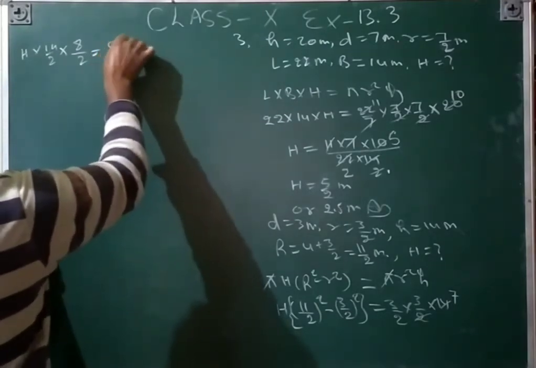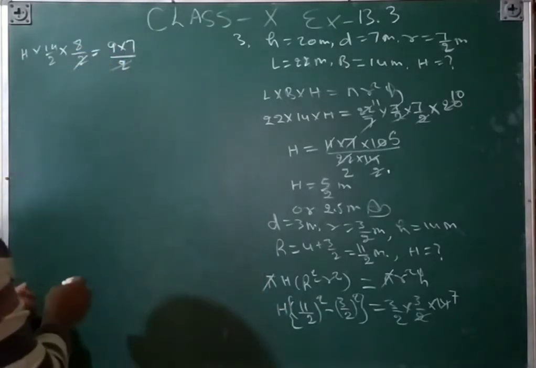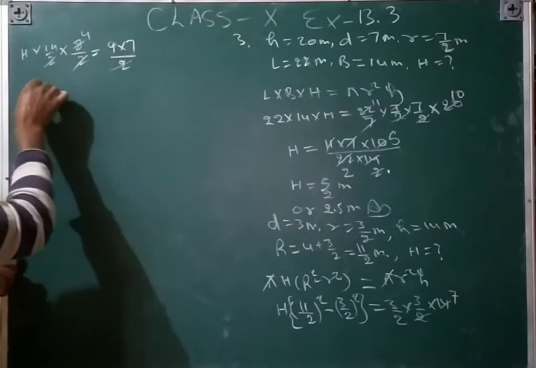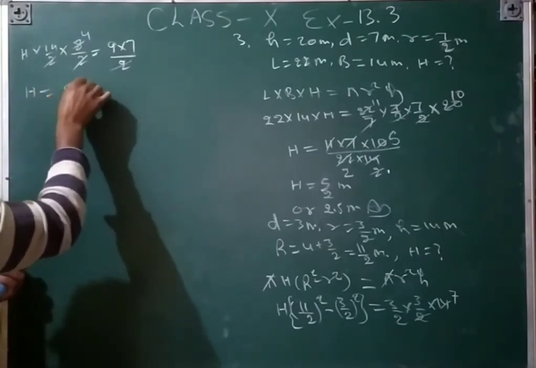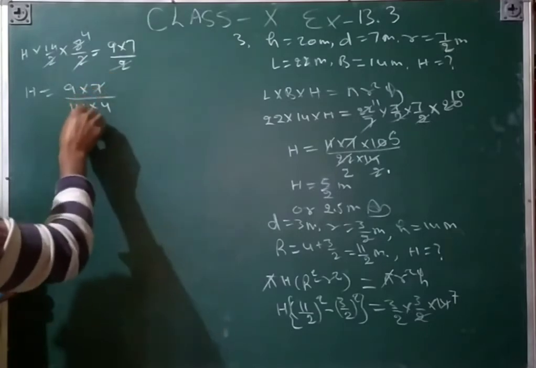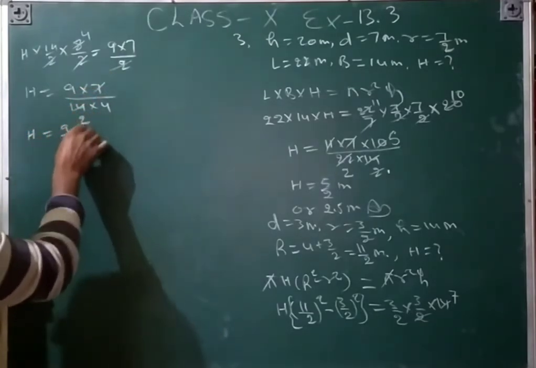It means 9 into 7 upon 2. 2 cancels by 2. So h is equal to 9 into 7 upon 14 into 4. 7 2 ja 14. So h is equal to 9 upon 8 meter.